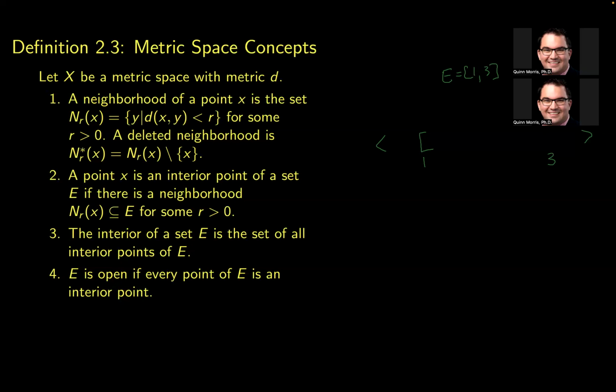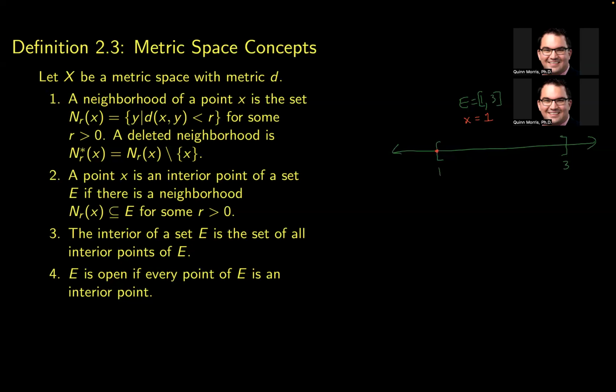Let's just clear that and redraw this. We go back, we have the interval 1 to 3. This is our set E, the closed interval [1, 3]. And now I'm going to pick X to be the point 1. Okay. So there's my X value.